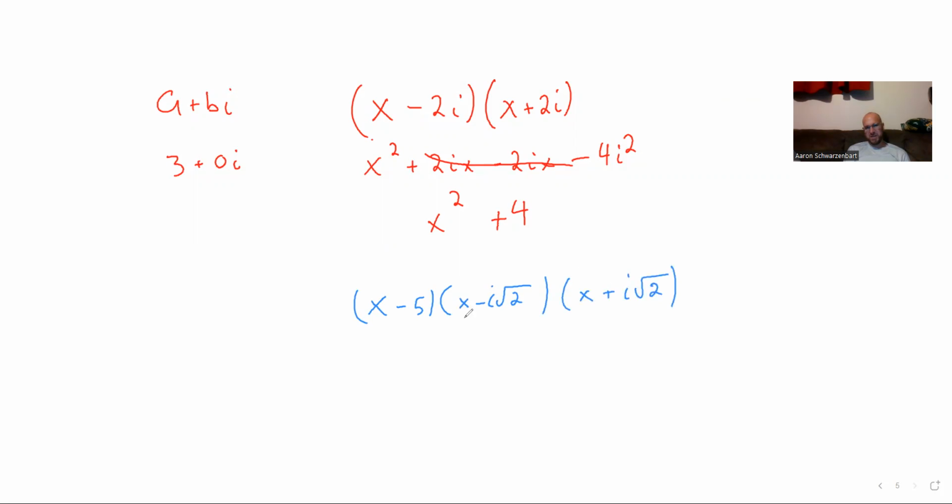When I do this, I want to start by foiling my complex factors.